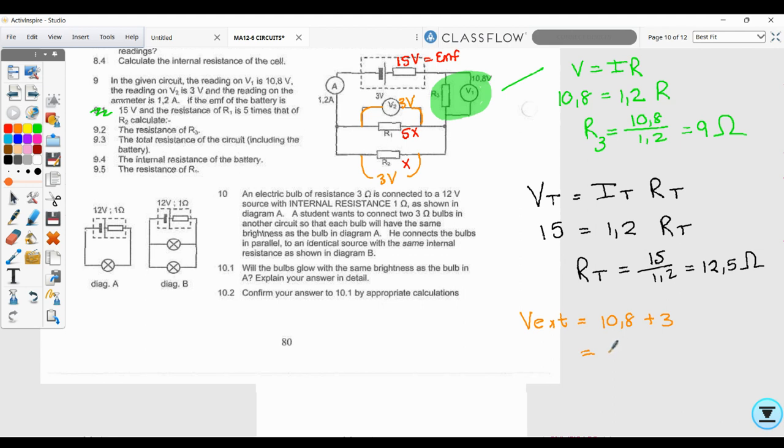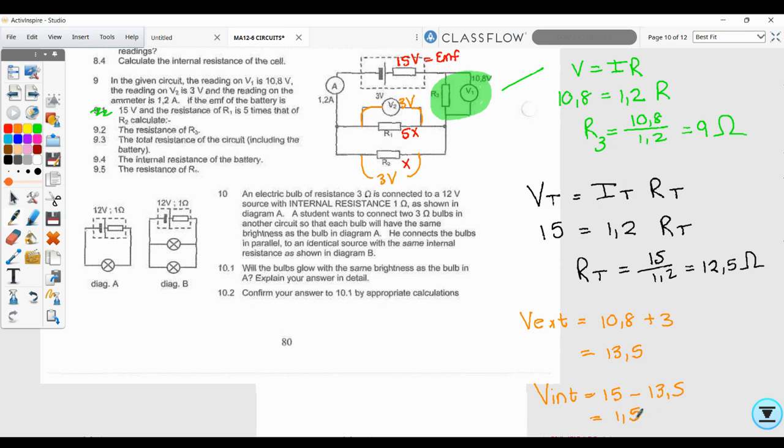So that's going to give me 13,8. If I know that that is my V external, what could I do? I know what V internal is, because V internal is just going to be the EMF minus that. So V internal is going to be 15 minus 13,5, which is what?